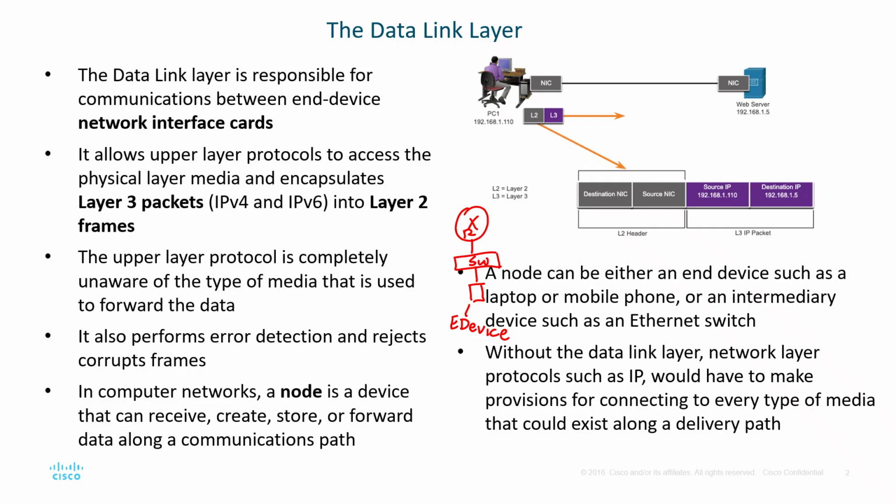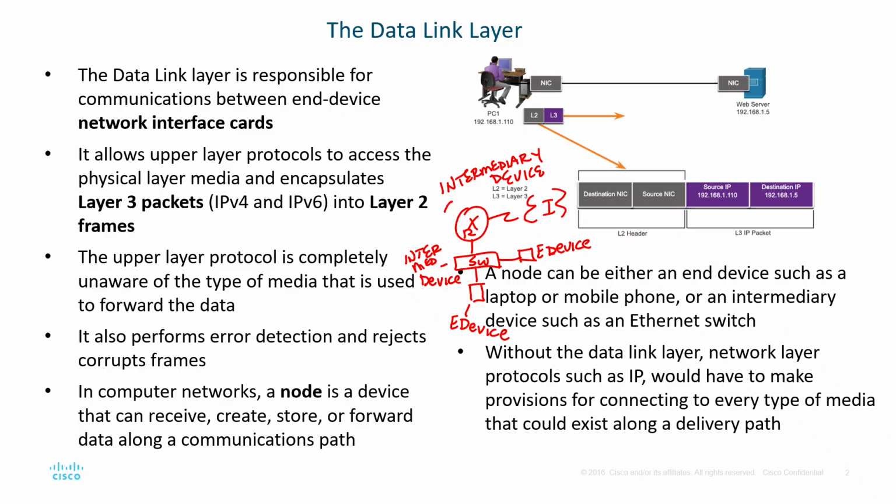Even if I would go to someone on the same local area network, also an end device, I am going through an intermediate device, which would be my switch for local area communication. If I'm going out to the internet, I am still going through both my switch and my router to get out. So your router is also an intermediary. Okay, so get a good understanding of the differences between the two.